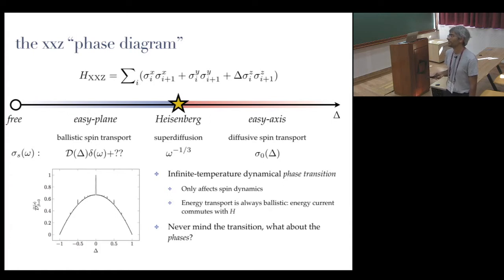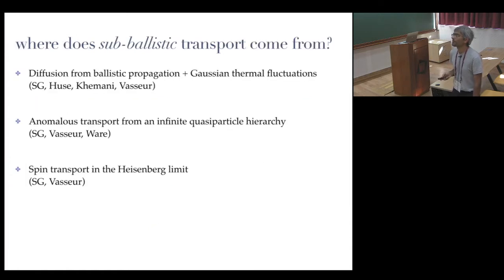It's going to proceed in three bits. In the first bit, I'm going to talk a little about how you get diffusion out of just thinking about ballistically propagating quasiparticles that scatter off each other. That's going to, in some ways, echo some things that you've heard in other talks in this workshop.